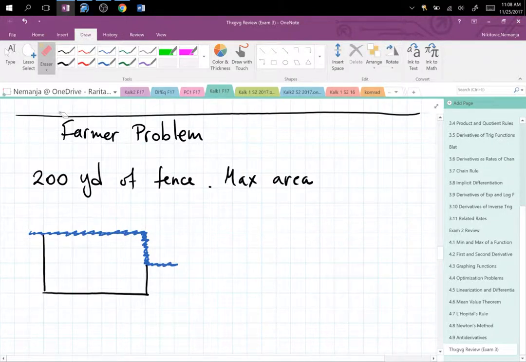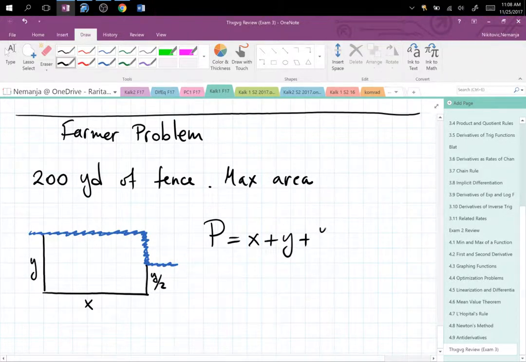So farmer needs an X, a Y, and a half a Y here. That's all he needs. So now, the perimeter equation is X plus Y over 2, and then needs to be 200 yards.